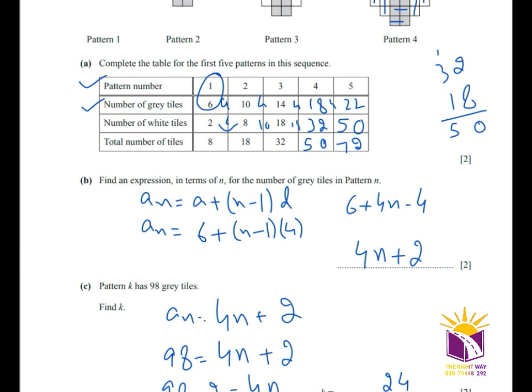I am drawing another pattern, n square, which will be 1, 4, 9, 16 and 25. Now is there any pattern which will be multiplied with any number, so that we get our pattern of white tiles?